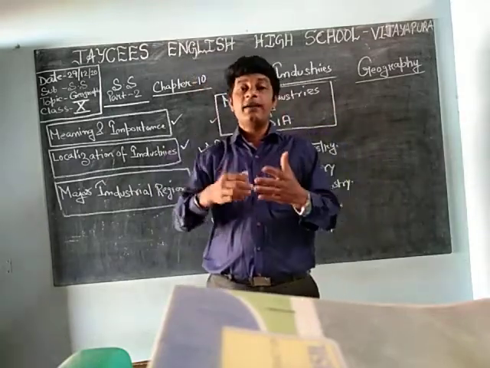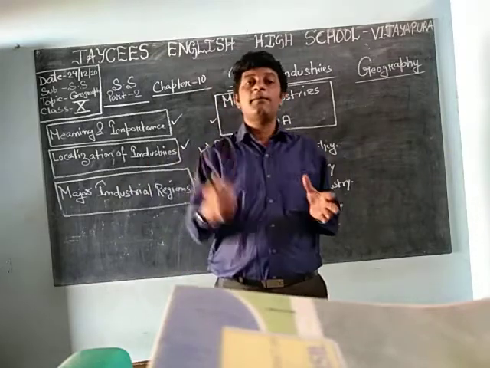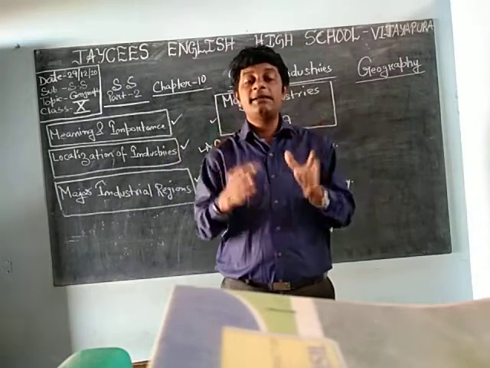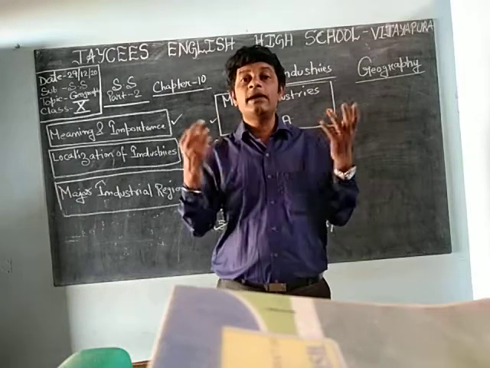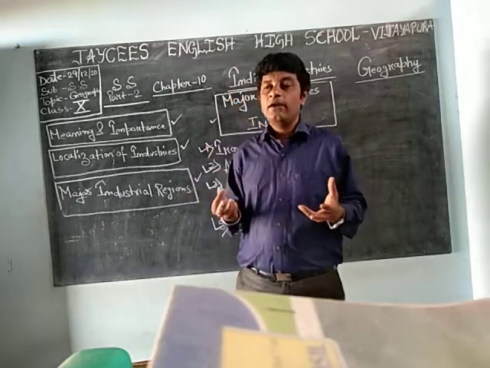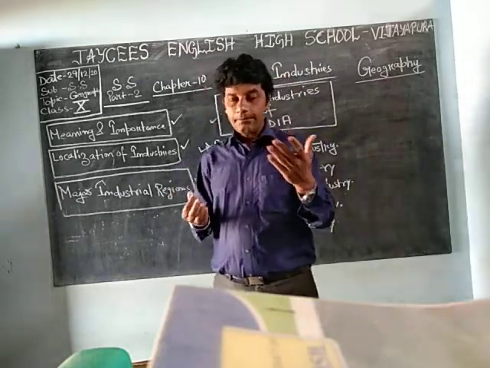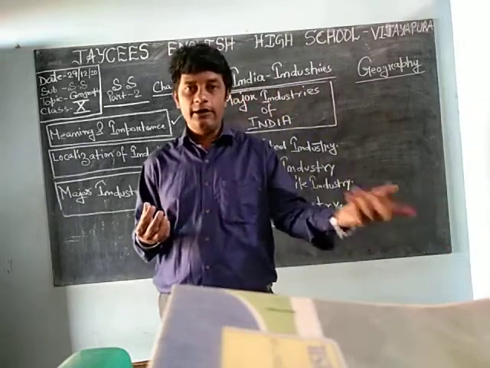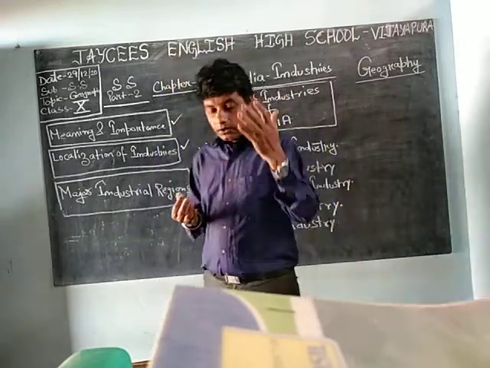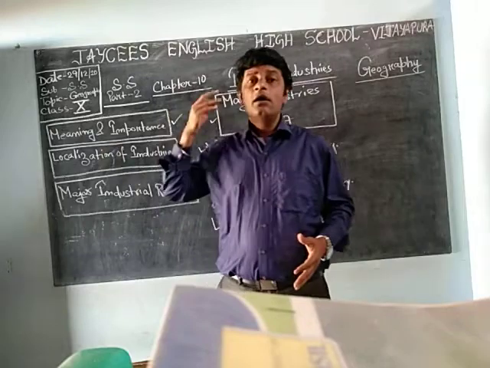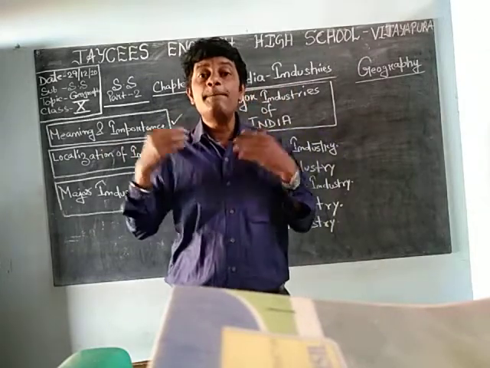So though we are producing paper on a large scale, I told you that paper is required everywhere. Everywhere you go you can see paper. Okay, for a joke I am telling you, people use paper for toilet also. So wherever you go you can see the use of paper.